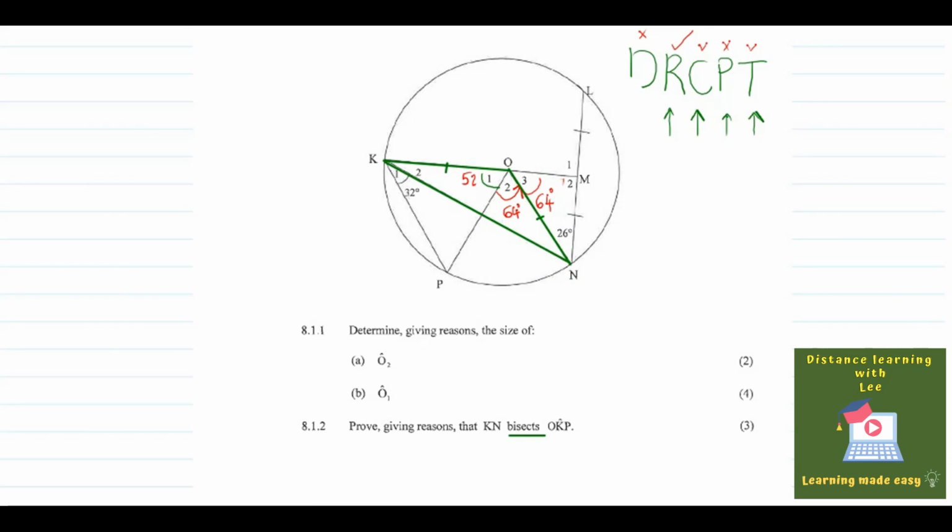So the angle K2 is going to be equal to the angle N because we are working with an isosceles triangle because we know that our OK is equal to our ON. Okay, so then we're done, guys. We've proven it. If we know that, how can we apply this on paper?